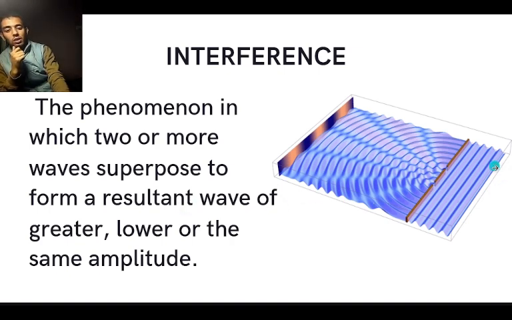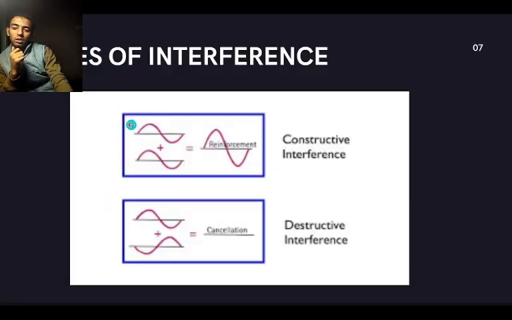For example, if we imagine it as water, we have two slits and we push water through them. Somewhere we can see greater amplitude than the previous, somewhere lower amplitude, and somewhere the same amplitude.